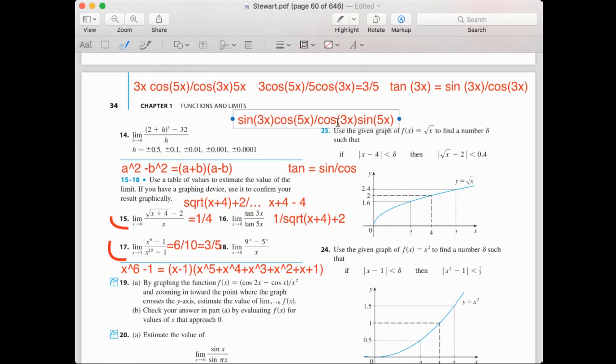So we read it out. Now, how do we use the property that sine x over x is 1 when x approaches 0? For sine 3x, we need a 3x in the denominator, so we multiply by 1, written as 3x over 3x.